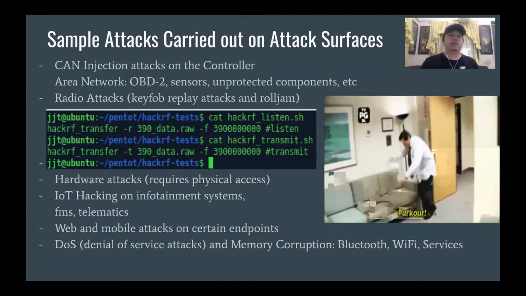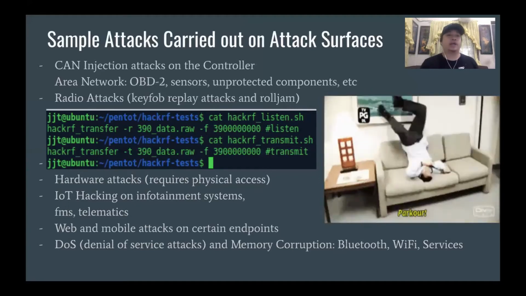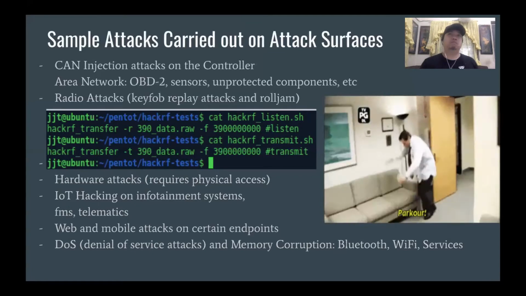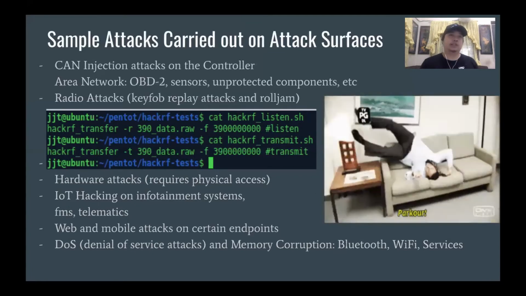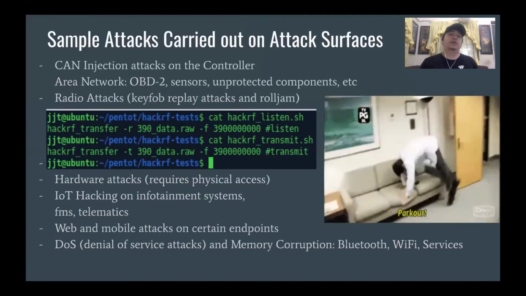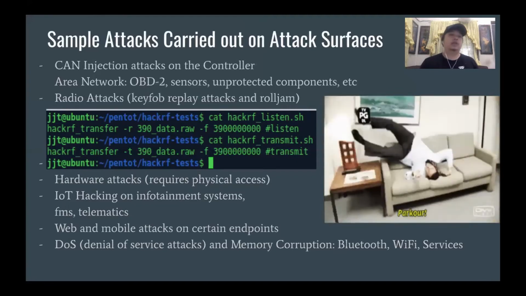So basically with IoT hacking, you need to find the UART, the JTAG, or other surfaces that the infotainment system has. Maybe it has a cloud, a web, or Wi-Fi wherein you can connect to it.